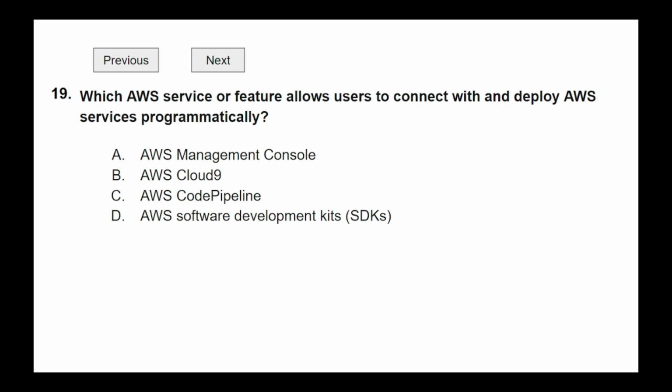AWS Software Development Kits, yes, this one will definitely help us to connect, and the catch was connect and deploy AWS services programmatically. So AWS SDKs will help us to connect and deploy. But Cloud9 will just help us to write the code. So the answer becomes option D.